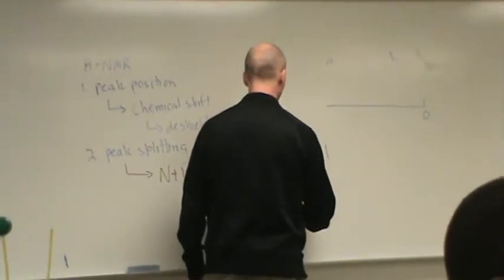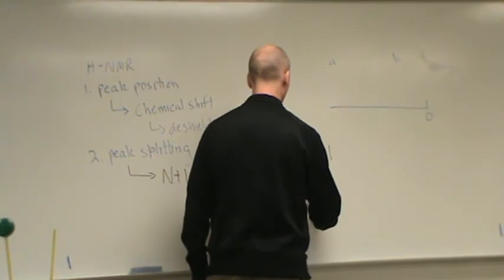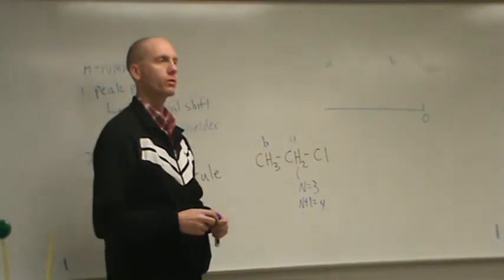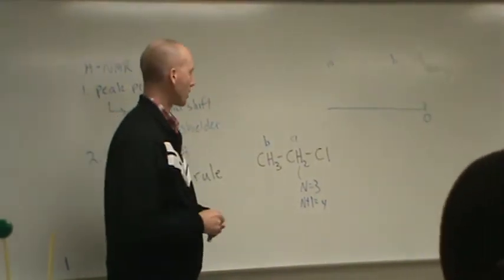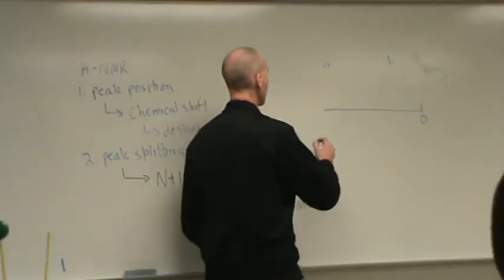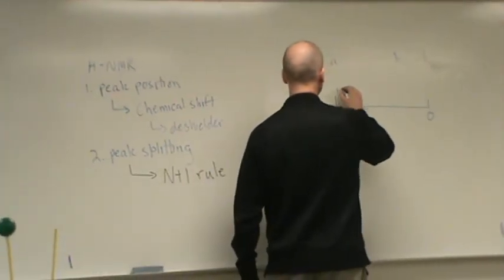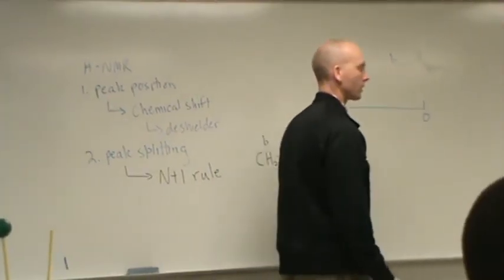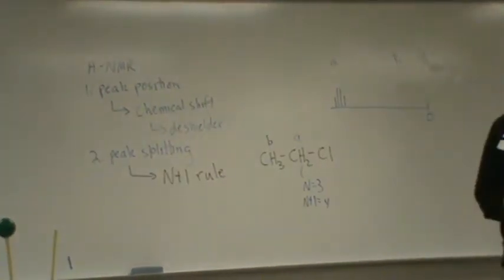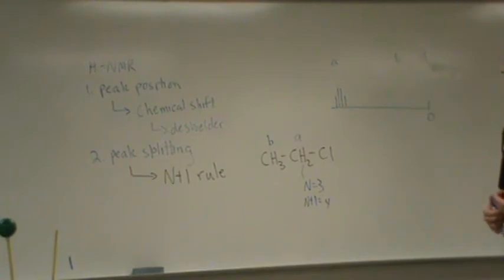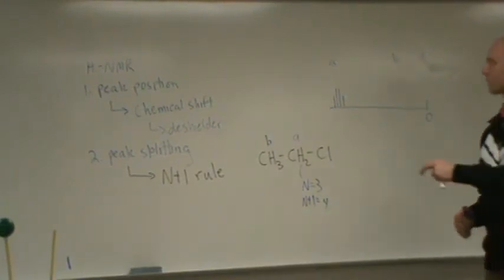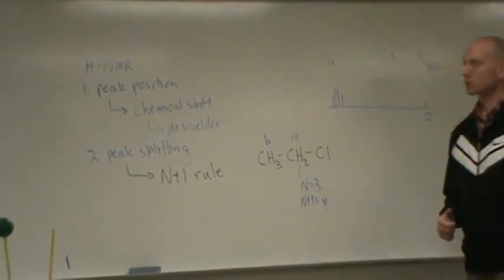And so 3 plus 1 is 4. So for A, we're going to see 4 lines. This is typically what the lines look like, where the 2 middle lines are bigger than the outer lines. So we get 4 splits for A.